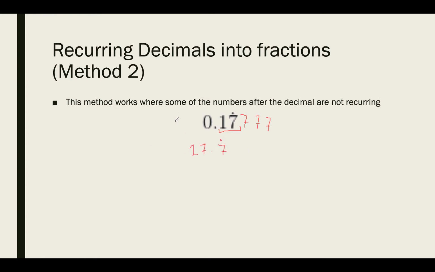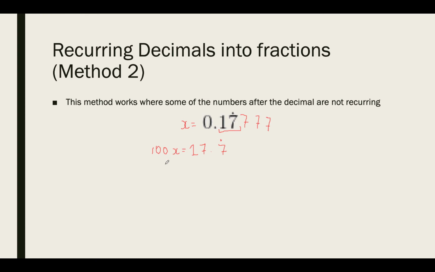So this is x here. So what would we have to multiply x by to get 17.7? Well, that would be 100x equals 17.7 recurring. Now we want to get rid of this recurring decimal here.